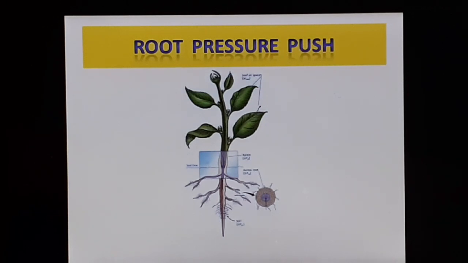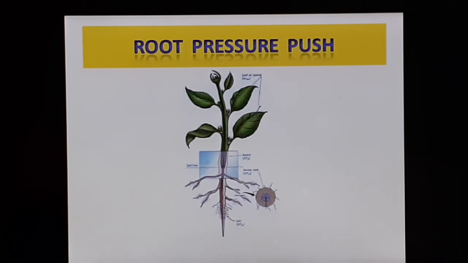Now let's study more about root pressure push. We know that the soil contains more nutrients and water. The cells of the roots actively take up mineral ions present in the soil.